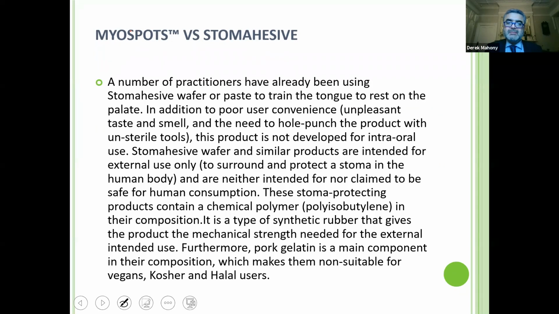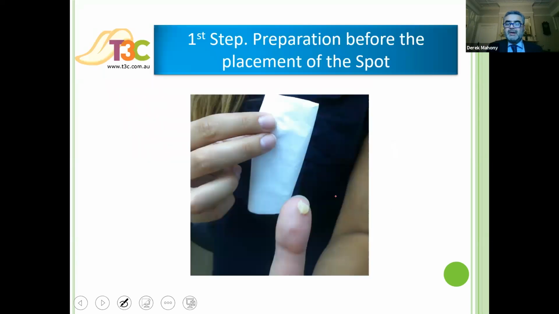So those stoma products, really, they've got a chemical polymer, which is like a synthetic rubber. So you really should keep it external, not internal, right? Whereas the MyoSpot is perfect for that.